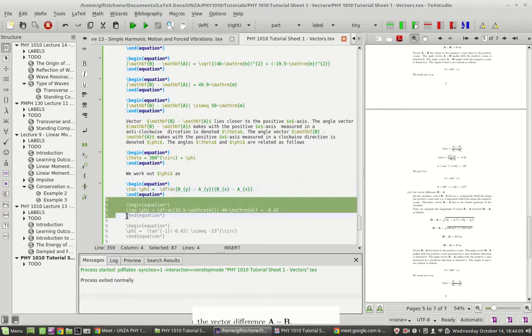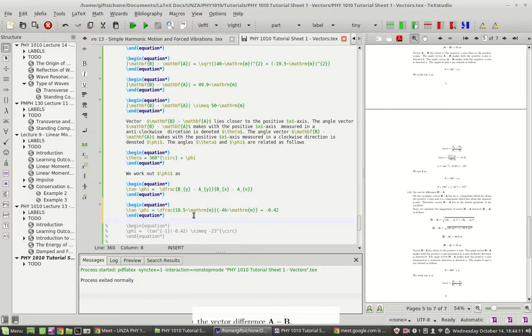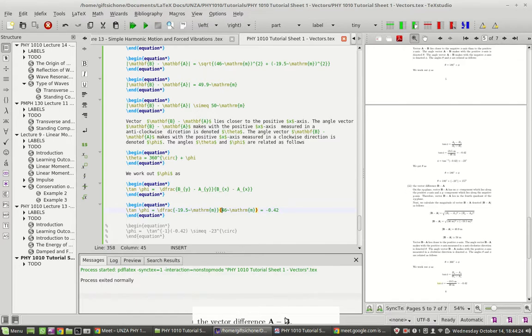So that is going to give us how much? Let's see. The y component is negative 19.5. The x component is positive 46. And that gives us how much?